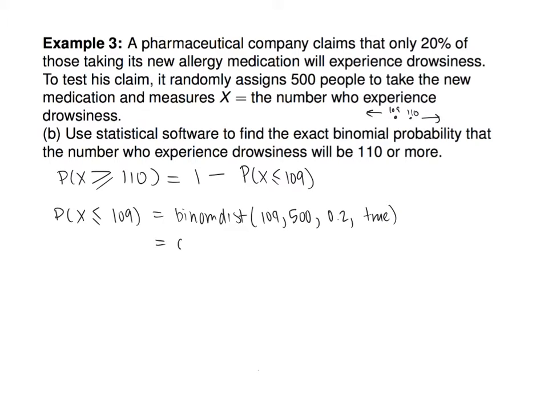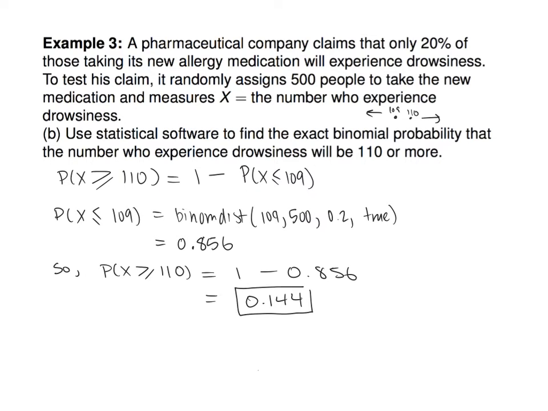And that comes out to be approximately 0.856. So the probability x is bigger than or equal to 110 is 1 minus this number, or 0.144. There's not a super high chance that they're going to see 110 or more people experiencing drowsiness.